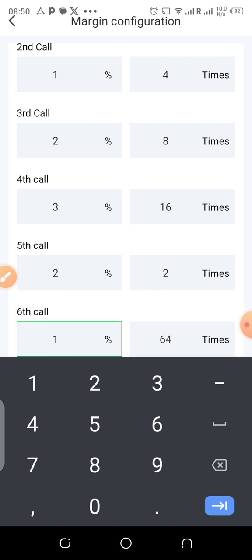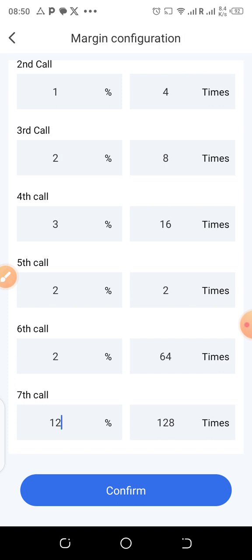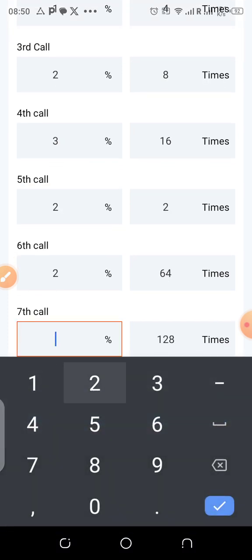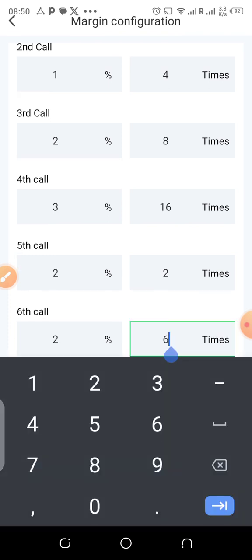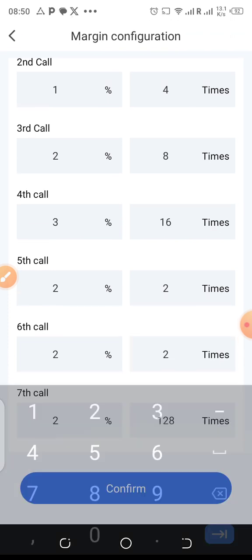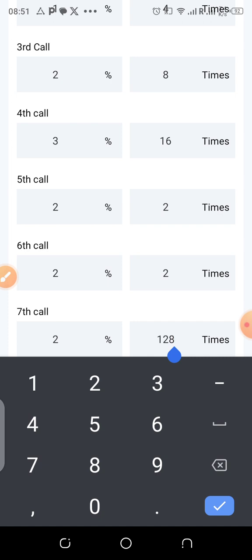If the market drops by 2%, even here it depends on your capital. If you have money, you can keep on doubling.